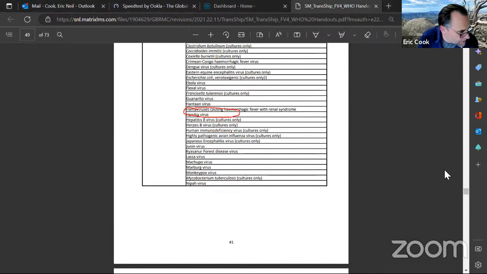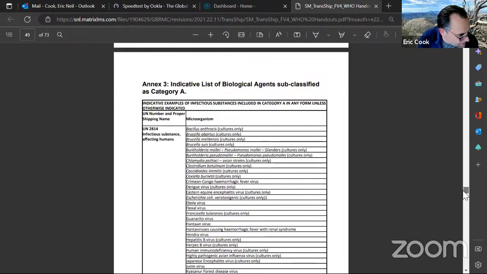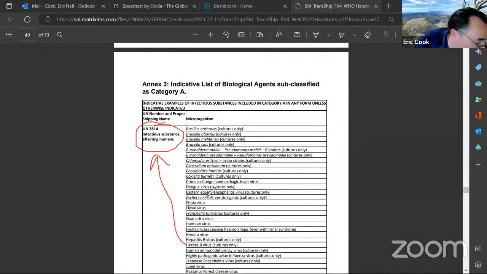You'll notice that herpes B virus is actually found in the section of UN 2814 infectious substance affecting humans. So herpes B virus is considered a human pathogen, even though it primarily infects animals, it is deadly in humans.